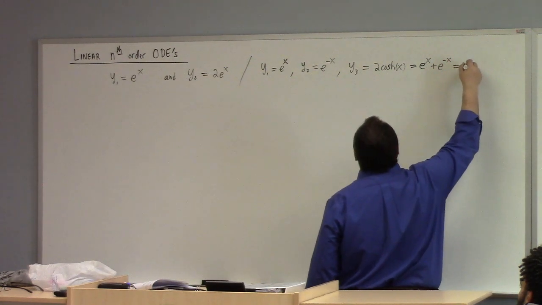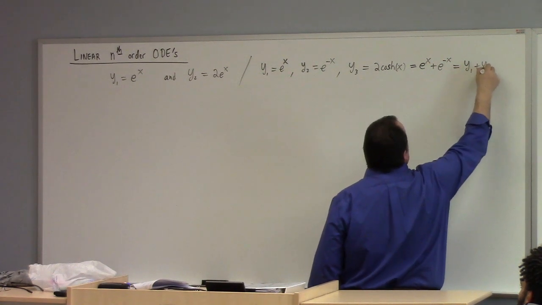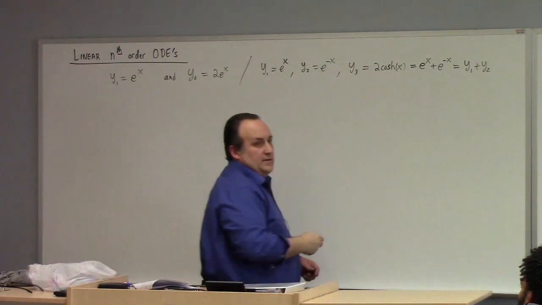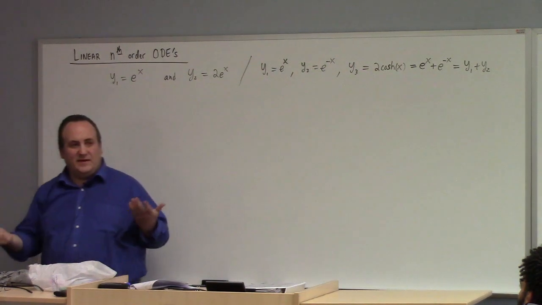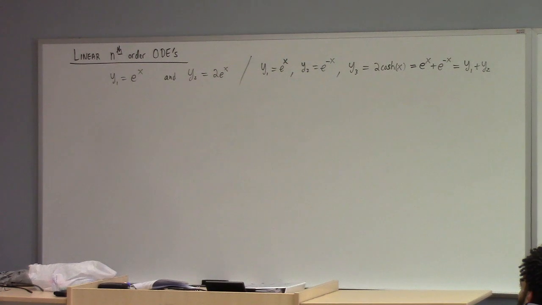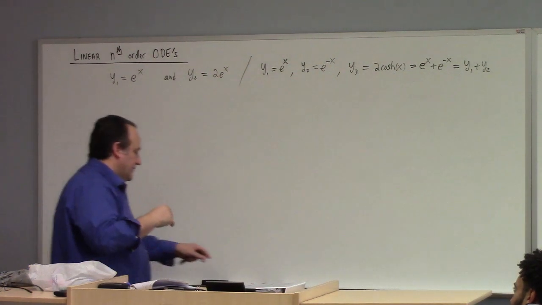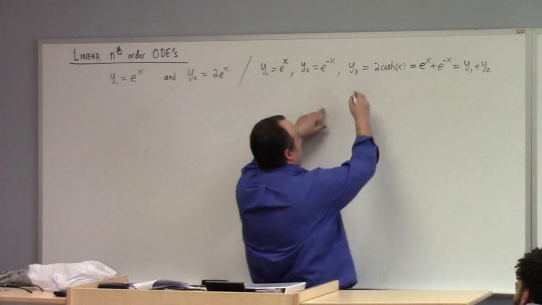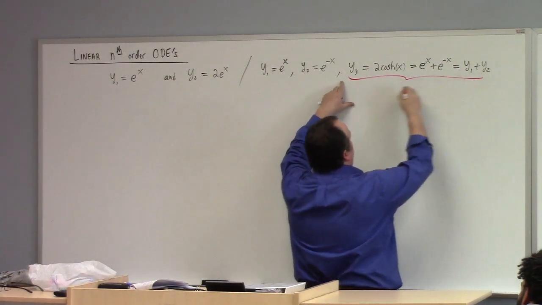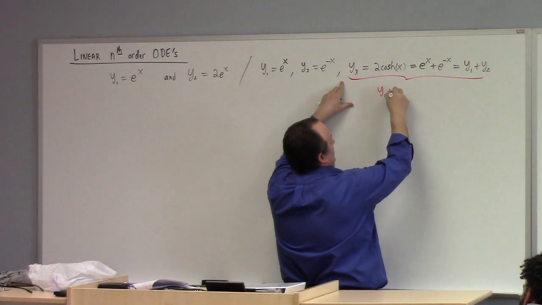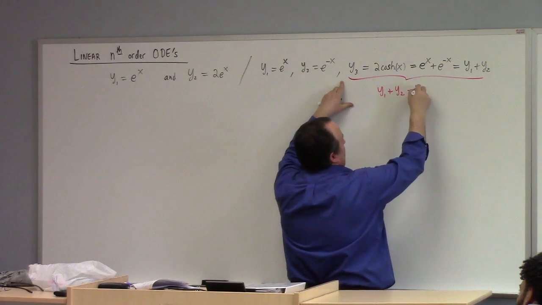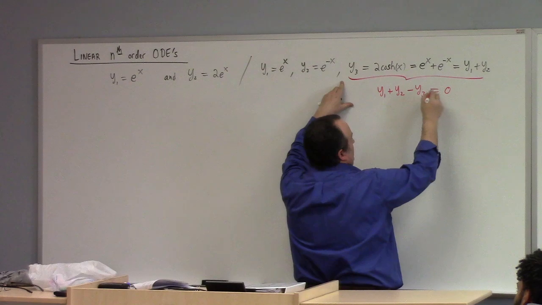So that's equal to y1 plus y2 in my discussion. So those are not independent, right? Because the third one's just a sum of the first two. And so the key feature here is this: we have y1 plus y2 minus y3 is equal to 0.